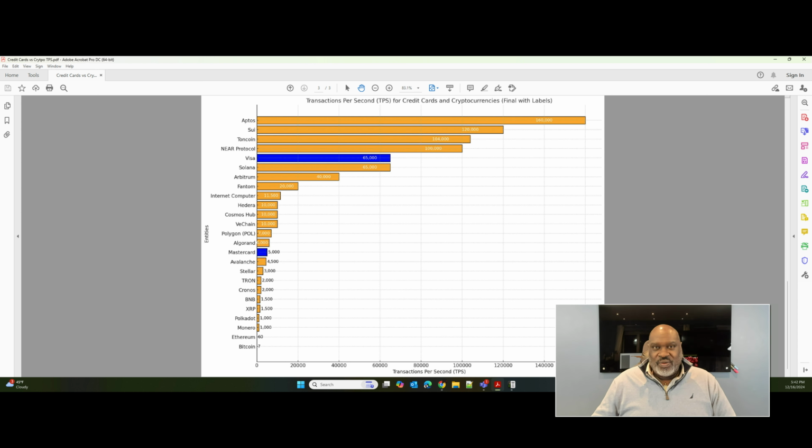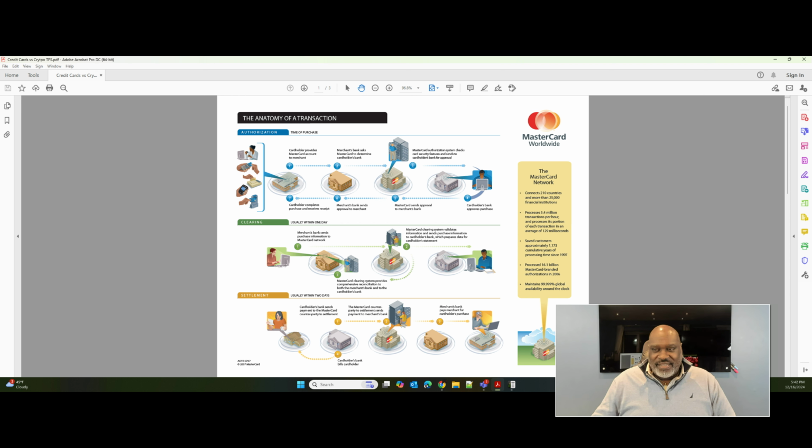Aptos says they can do 160,000 transactions per second. You see this little blue box right here? That's Visa. Visa can do max 65,000 transactions per second. Remember, that's the messaging. If you go back, that's the messaging that happens at each step. That's all that messaging that happens.